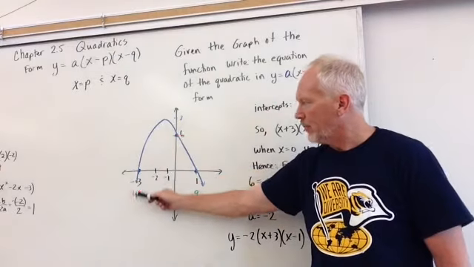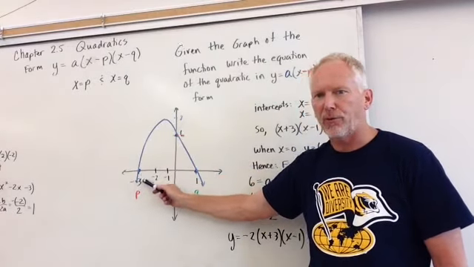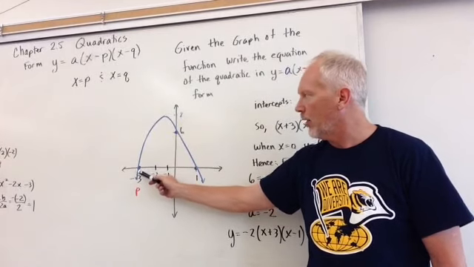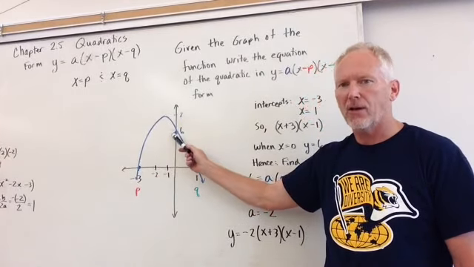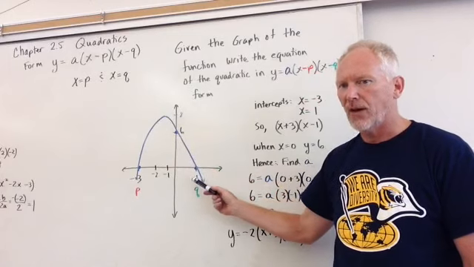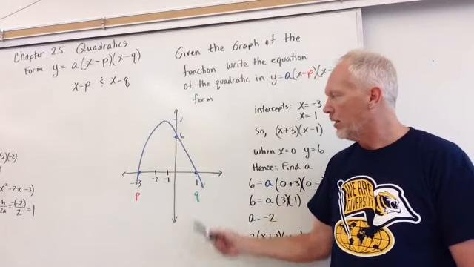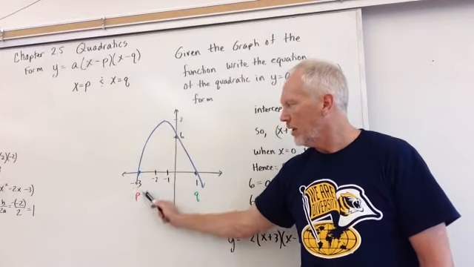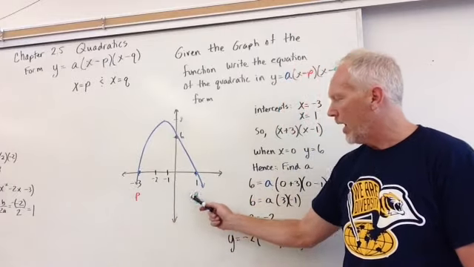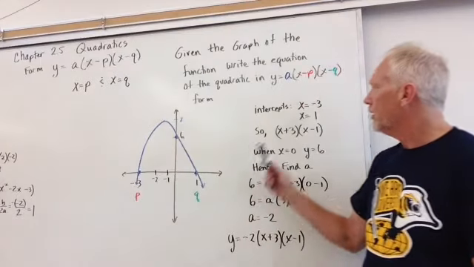It gives us this graph, and we have negative 3 as one of our intercepts. It goes to the y-intercept of y equals 6, and then comes back down to another x-intercept of 1. I labeled negative 3 as p and 1 as q.